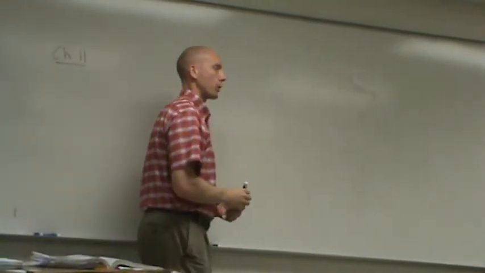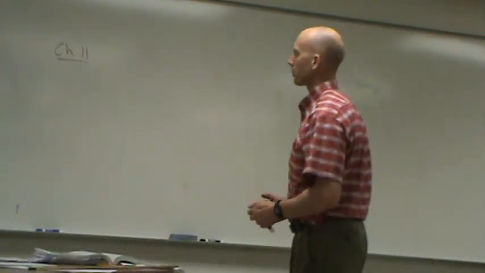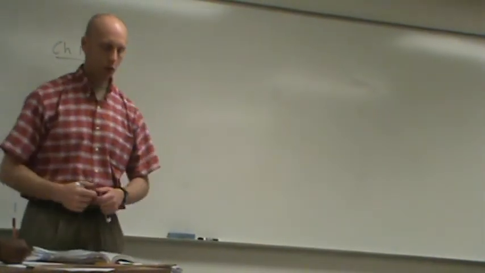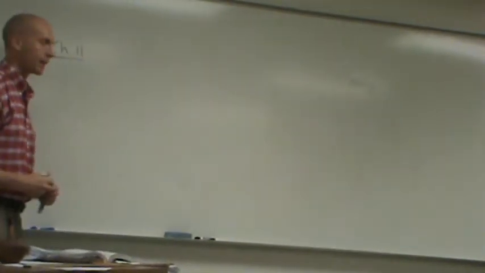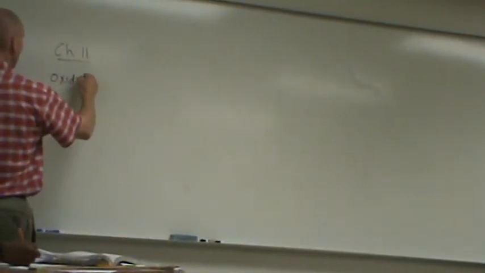Chapter 11 deals with alcohols as well, but here it's going to get into heavy-duty reactions of alcohols. Before getting into them, what they do at the beginning of the chapter is go over some key definitions that we want to look at. We just talked about oxidation.